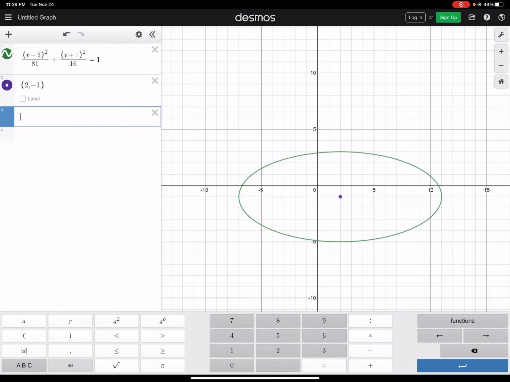We said there would be points at 11, comma, -1, and -7, comma, -1.